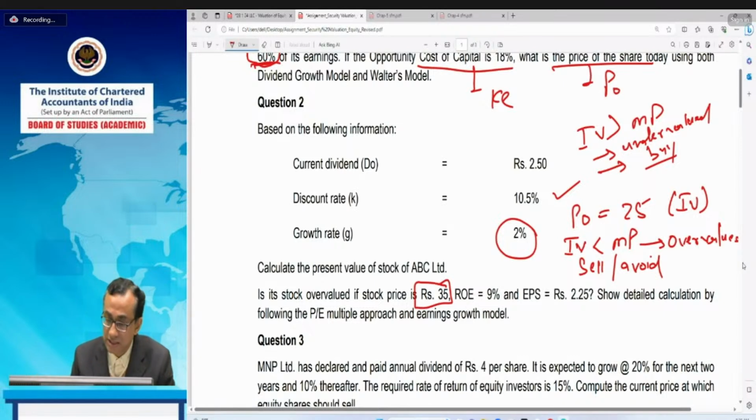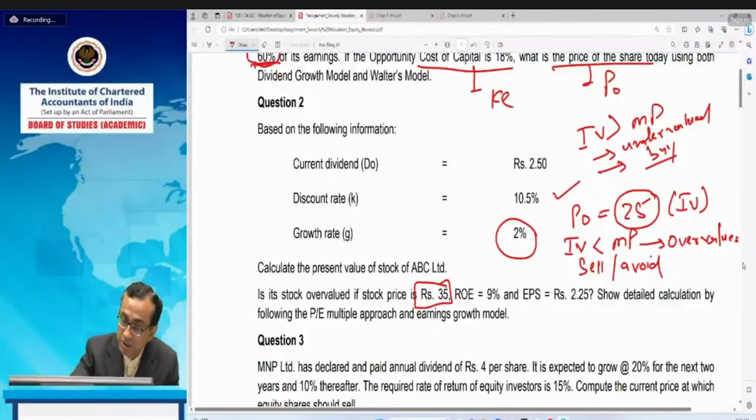So in this case, intrinsic value is less than the market price. You may ask, what is the reason behind it? The reason is that intrinsic value signifies the future price. I mean, it is the price at which it will be available in the future. So chances are that in future, the price will be hovering around rupees 25.